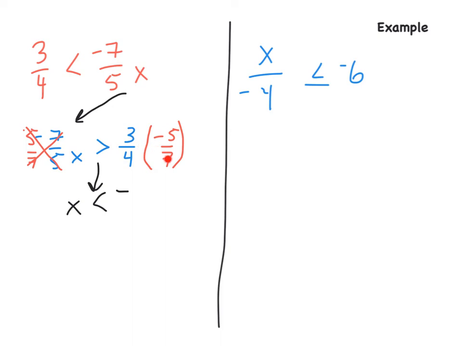Now, 3 and 7 can't be simplified, 4 and 5 can't be simplified, so let's just multiply straight across. 3 times 5 is 15, and 4 times 7 is 28. So our final answer is x is less than negative 15/28.